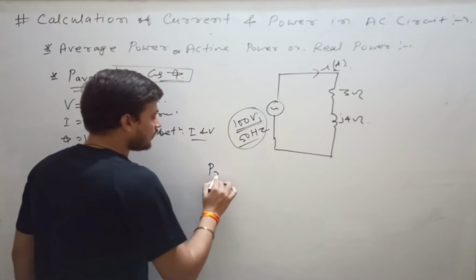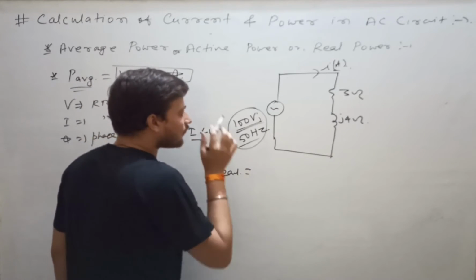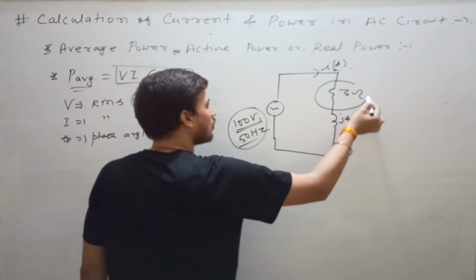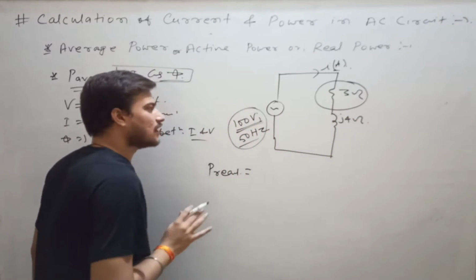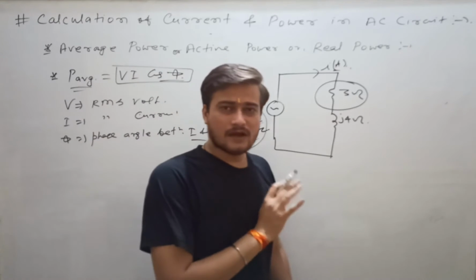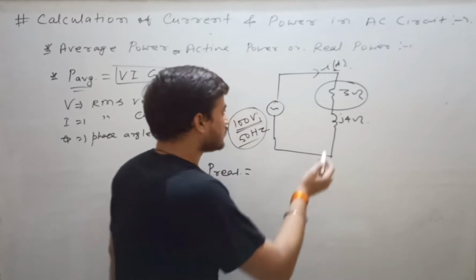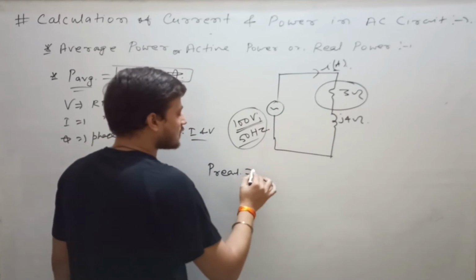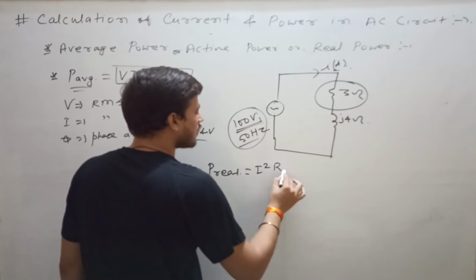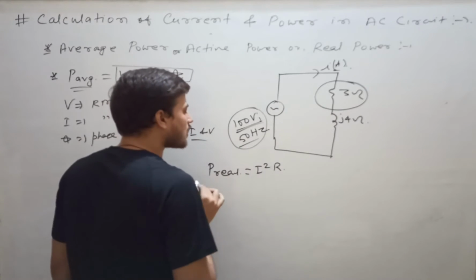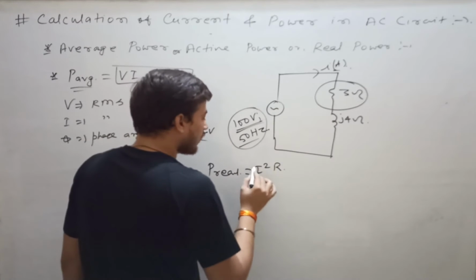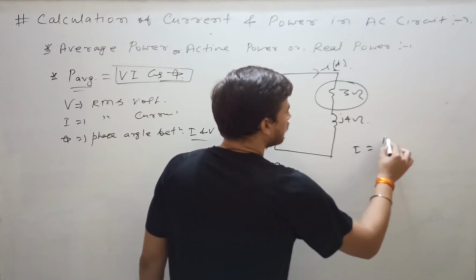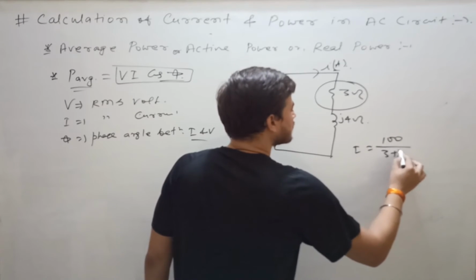So if you write P real or P average, you can directly write the value, because real power will always be consumed across the resistor. It will not be consumed across an inductor or capacitor. So the resistor value is 3 ohm, and you find the RMS current, so you can write I square into R. The magnitude of current I will be 100 divided by (3 plus j4).